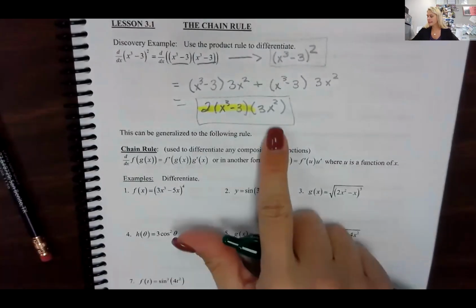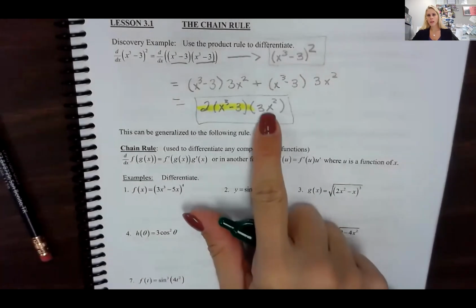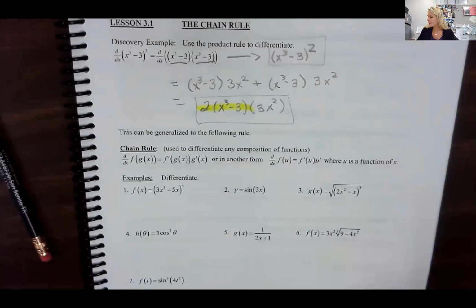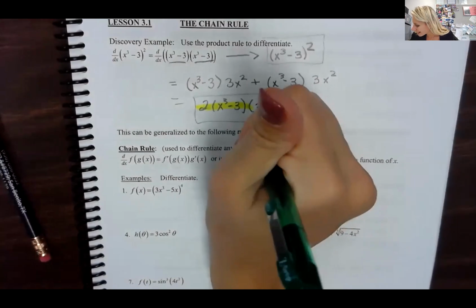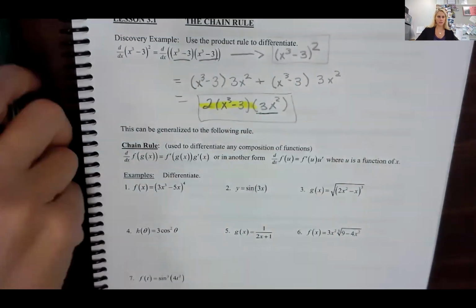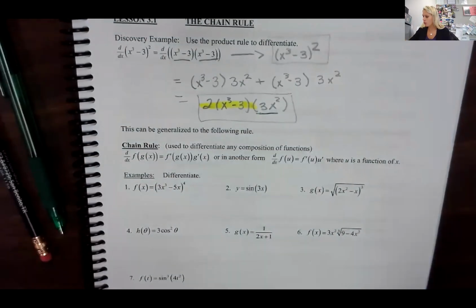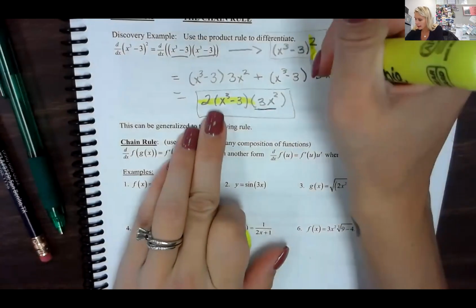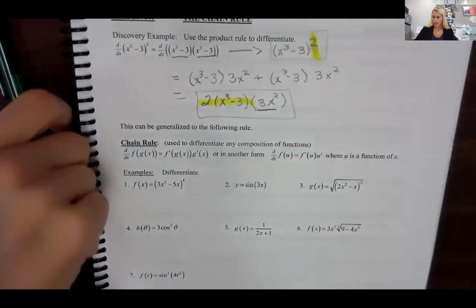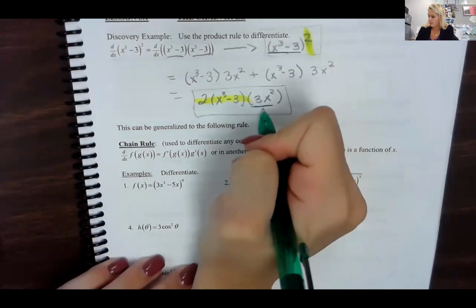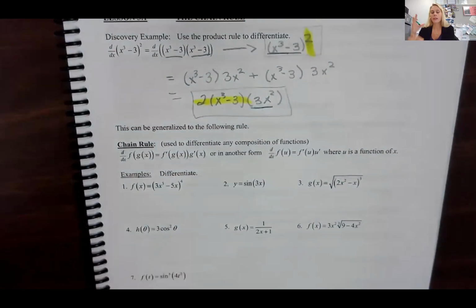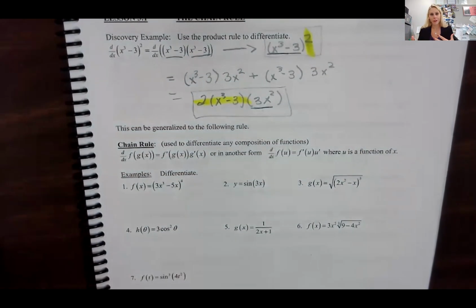Now, where does this second part come from? Is there something you recognize for the second part? The second part is coming from the inside of the function. Now I'm going to summarize that up better for a rule for you.